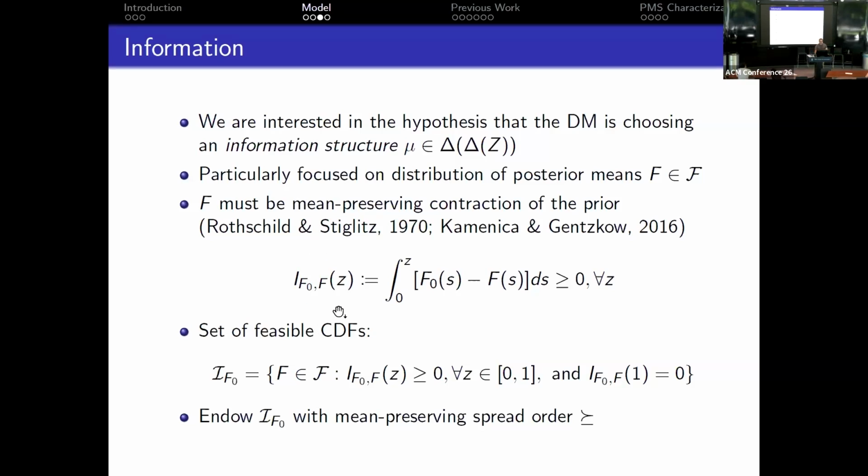And this is given by the constraint that I of z has to be non-negative for all values of z between 0 and 1. So we're going to define then the set of feasible CDFs as being CDFs that satisfy this constraint. So that is our curly I set. And we will endow this set with a mean preserving spread order. So that's a partial order on the set.